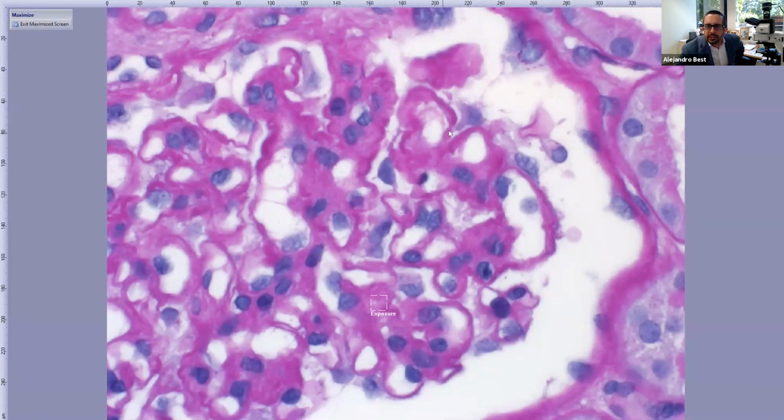You have what looks like a string of beads, with this eosinophilic, PAS positive refractile material. You see here, it's thickening the basement membranes and it's very, very PAS positive. Here you see more. I hope you can appreciate it here. You can see it here.